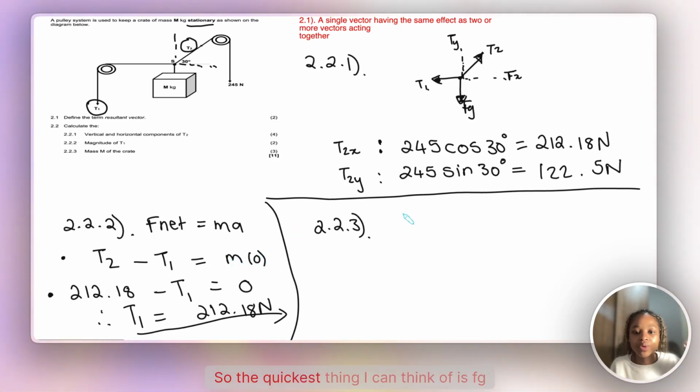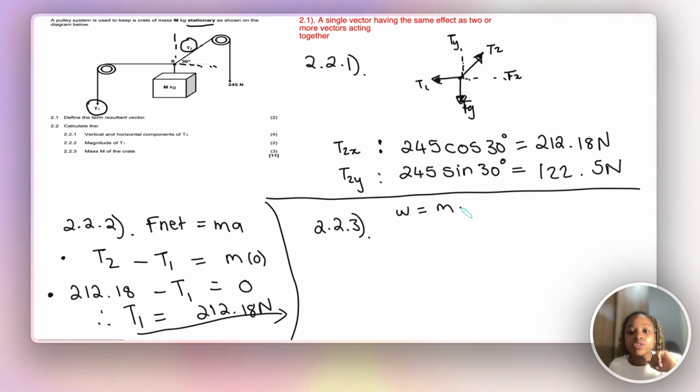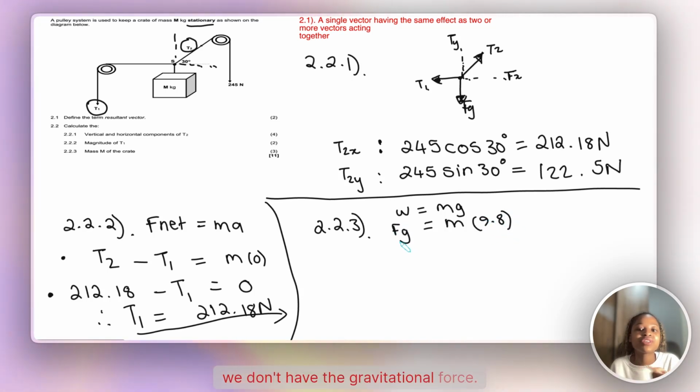So the quickest thing I can think of is Fg, or rather, let's say the weight is equal to mg, the gravitational. So now it's going to be m, remember, 9.8, but we don't have the gravitational force.